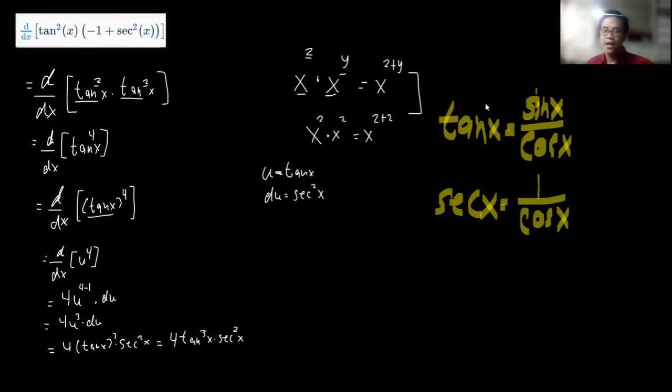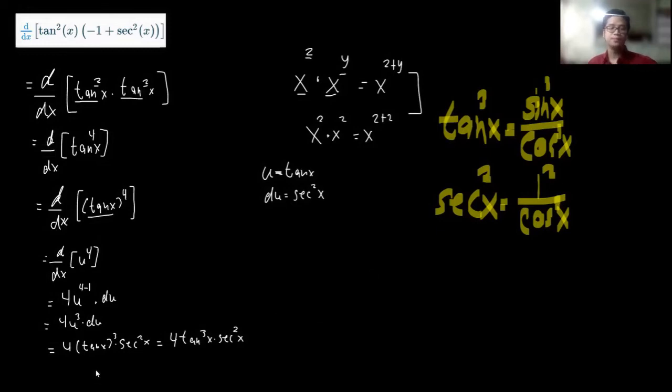So if I have cube of tangent, that means your sine and cosine will be raised to 3. If you have secant raised to 2, therefore your cosine and your 1 are also raised to 2. So this one is obviously 1. If you square 1, it's still 1.